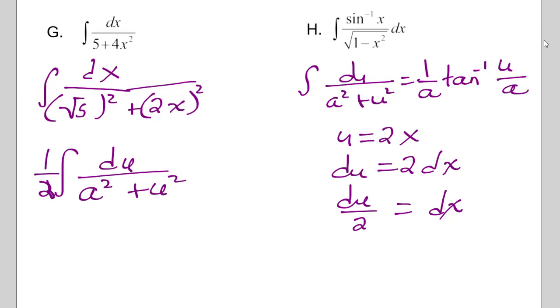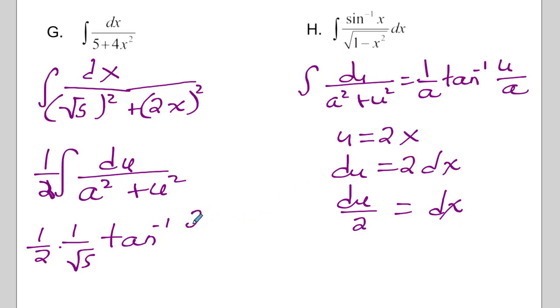And according to the rule, we know that this integrates as, we still got the 1/2 that's going to just follow along. But then we're going to have 1 over a, so that's 1 over the square root of 5, times tangent inverse of u.